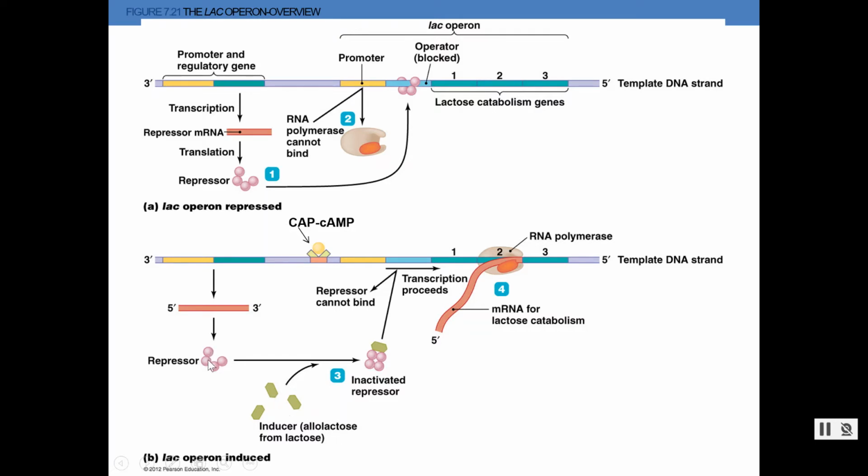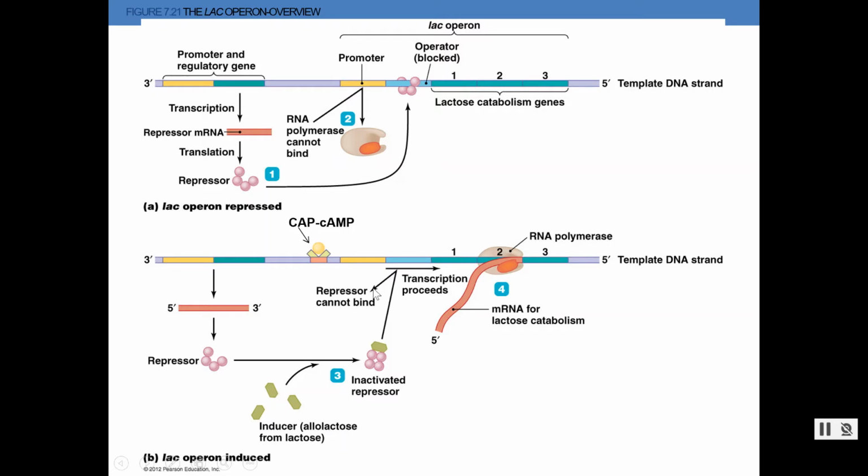And you remember that repressor protein that normally fits right here in the operator? Well, this allolactose binds to this repressor protein and causes a shape change. In this case now, the repressor is inactivated. That shape change no longer allows that repressor protein to fit on this DNA strand in this operator region.